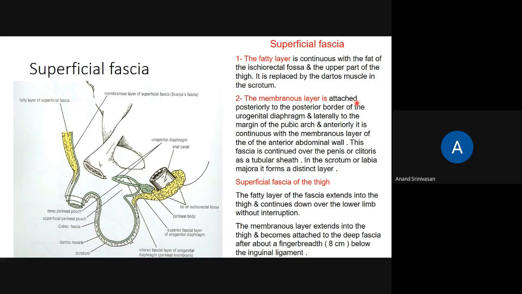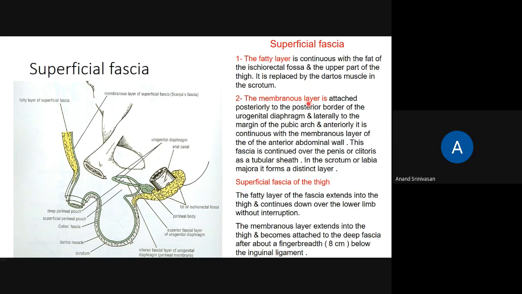During hot weather, the dartos muscle relaxes, and during the cold, it contracts. The dartos is the fatty layer of the abdomen modified here as a dartos layer. This is only in males; in females there are no changes.